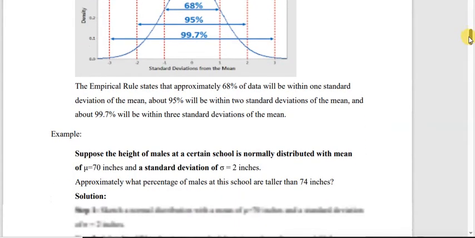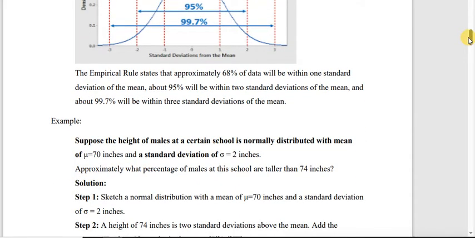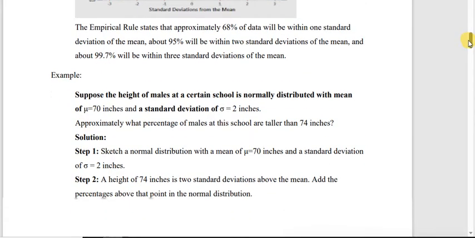So here is an example of how to make use of the empirical rule in solving a particular problem that you may have. Suppose the height of males at a certain school is normally distributed with a mean mu of 70 inches and a standard deviation sigma equal to 2 inches.